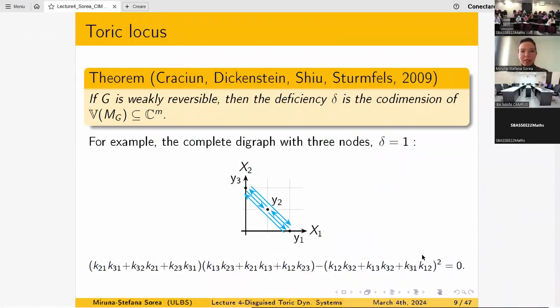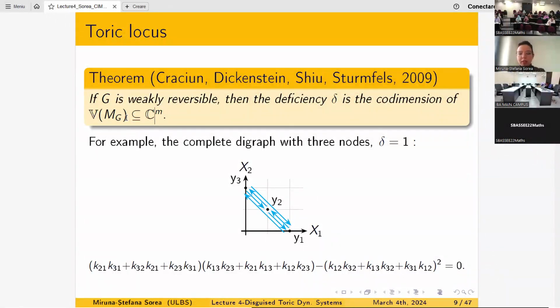Our theorem from last week also included, so Crăciun, Dicăstănescu, and Sturmfels not only prove that it's a toric variety, the toric locus, but they also prove that if the graph is weakly reversible, so this is a combinatorial property on the graph, every directed edge is a part of a directed cycle, then the deficiency of the network is the codimension of this variety.